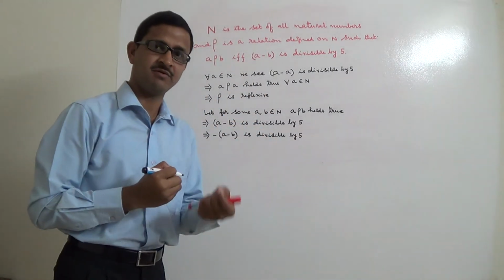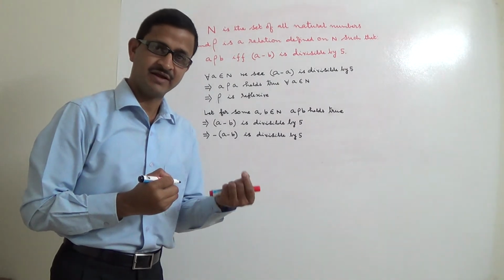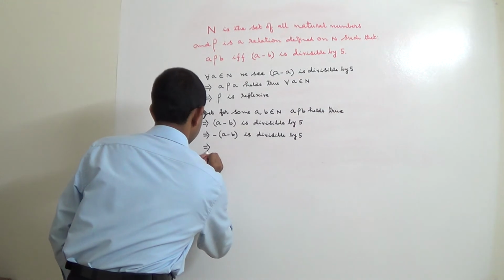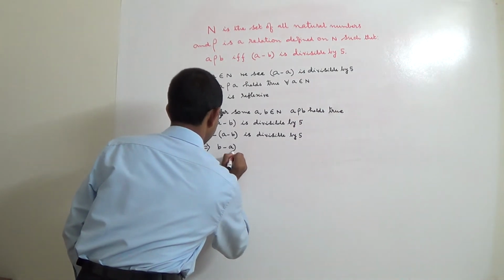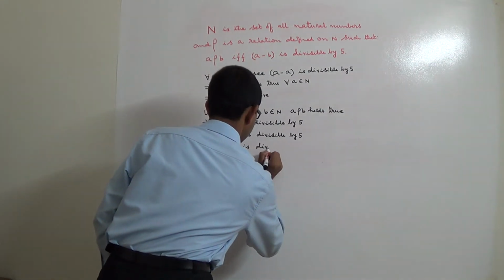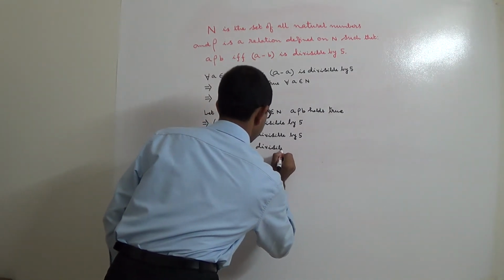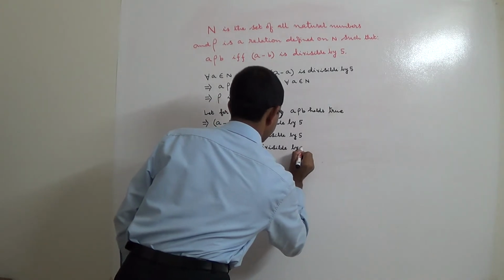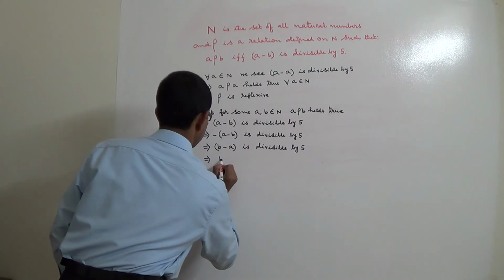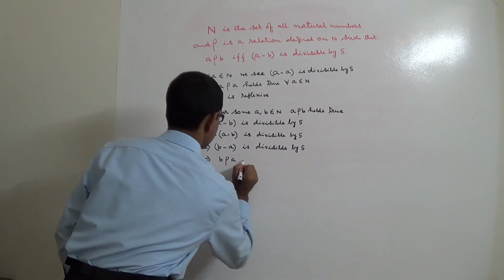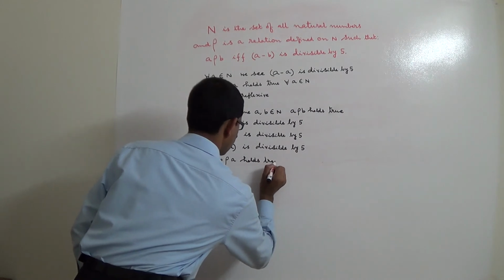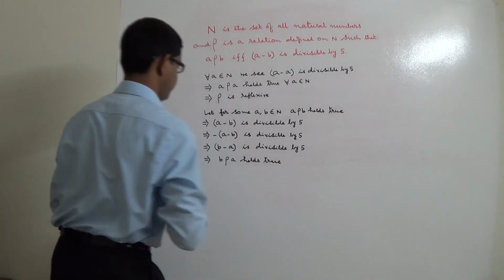If a number is divisible by 5, its negation is also divisible by 5. This implies B minus A is divisible by 5. This implies B rho A holds true.